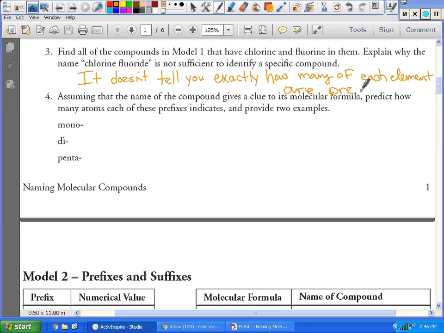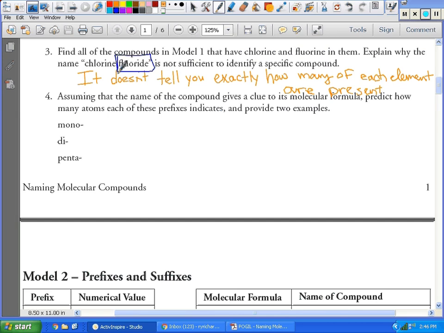It does not tell you exactly how many of each atom are present. Did you write that down? How many of each element are present? Because chlorine monofluoride tells you how many fluorines are present, and chlorine pentafluoride tells you there are 5. If you left off the prefix on the second word, you have no clue how many are present.